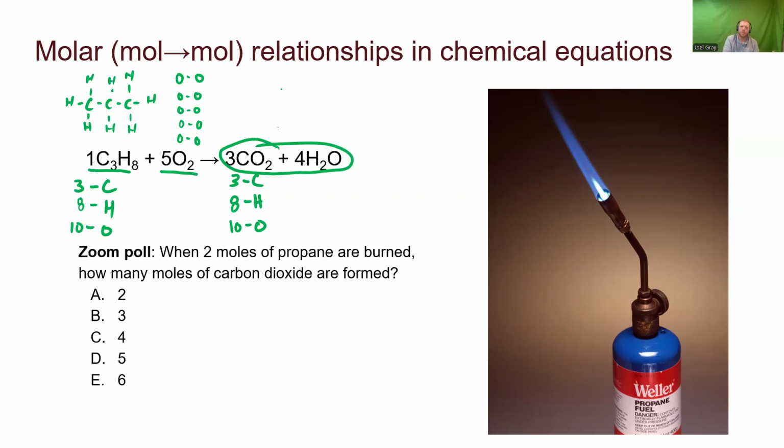Okay. So if I've got one C3H8, 5 O2s, and then I make one CO2, how many O2s do I have left over after I've made this?